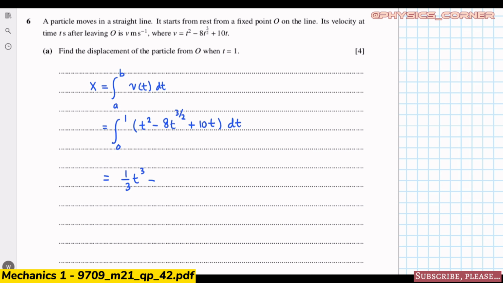And 8 divided by 5 over 2 equals 16 over 5. Yeah, that's it. Plus 10, 10 divided by 2 is 5, t power 2, plus constant. But we have limits here from 0 to 1.